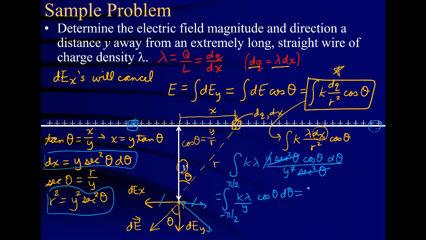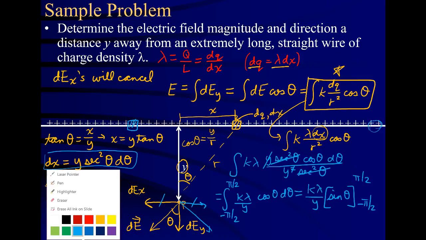And we know that integral pretty well. It's just k lambda over y, and the integral of cosine is sine, from pi over 2 to negative pi over 2 or vice versa. And so our final answer here, let's get back to our orange color.